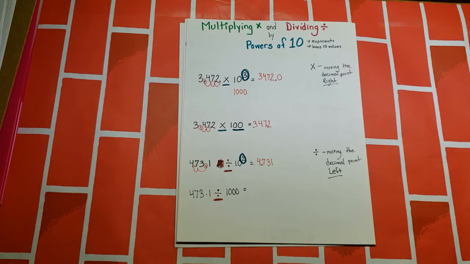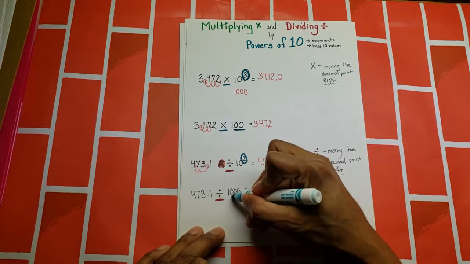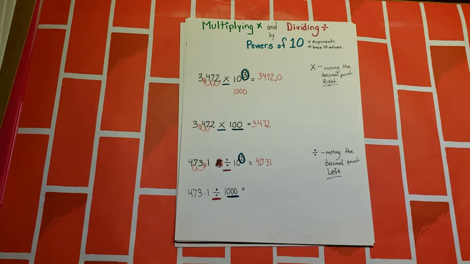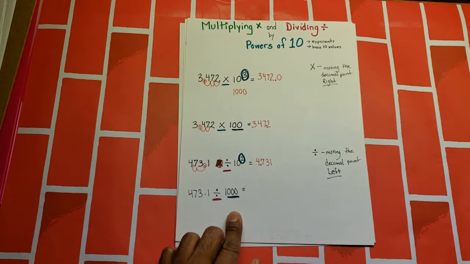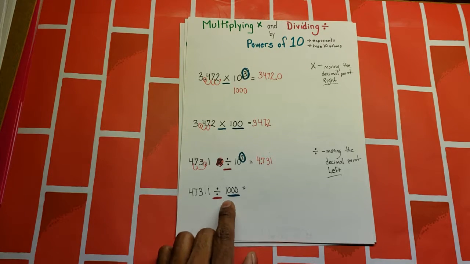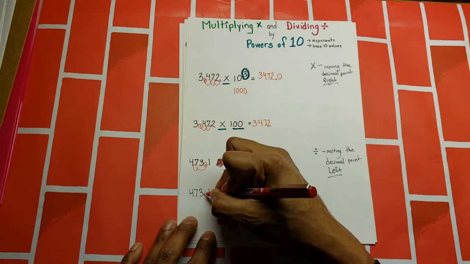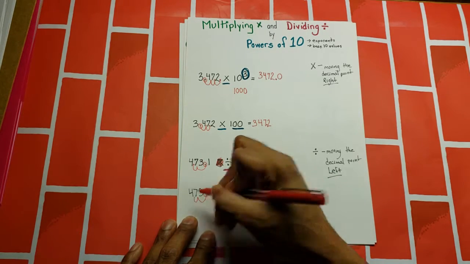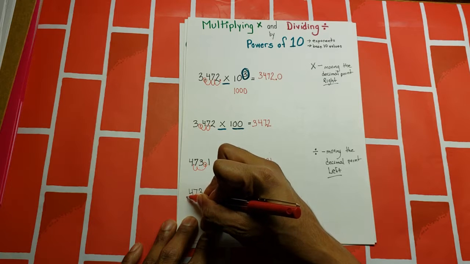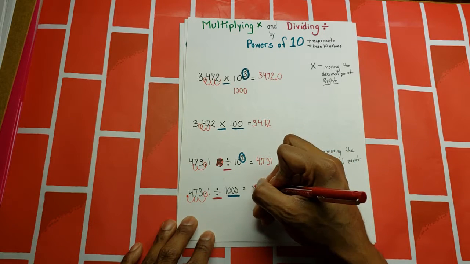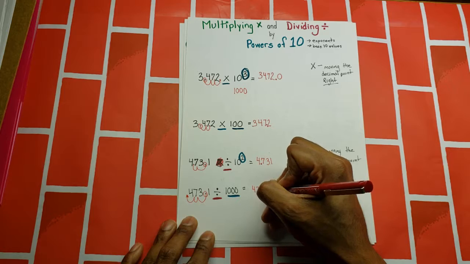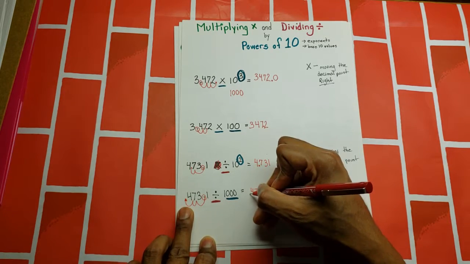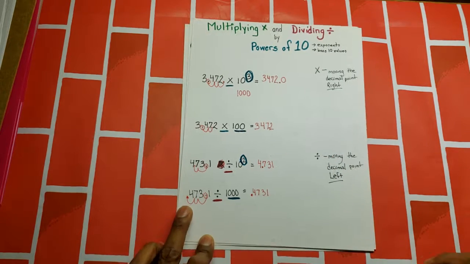I'm going to identify the number of zeros, which will also tell me how many place values I'll be shifting. I notice that in the number 1,000, there are 3 zeros. So let's find our decimal, and let's take those 3 jumps. 1, 2, 3. Let's rewrite our number, 4731. I notice that my last location of the decimal is right after the 4.